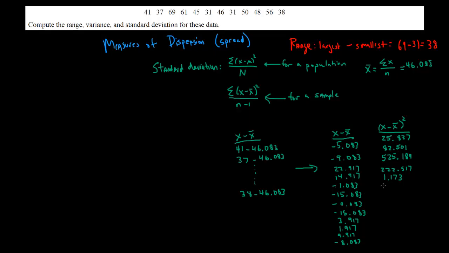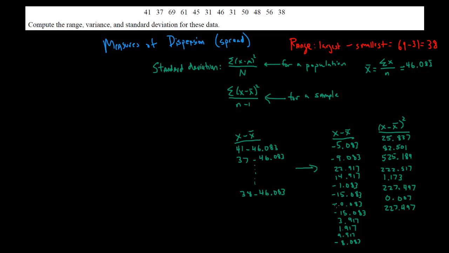So we have 227.497. Okay, then we have negative 0.083 squared, and that is 0.007. We have negative 15.083 squared. Remember, that's that 227 figure. So 227.497.